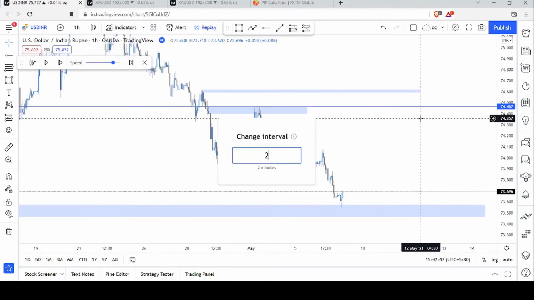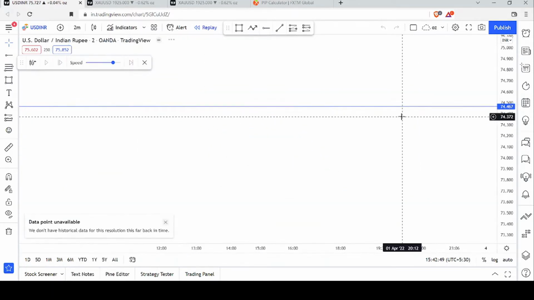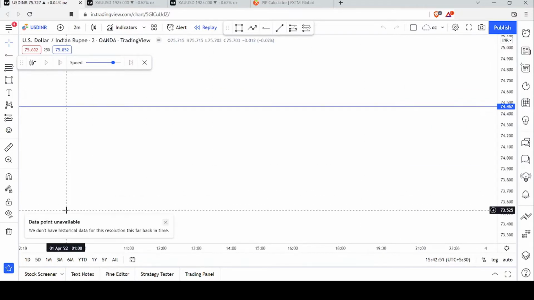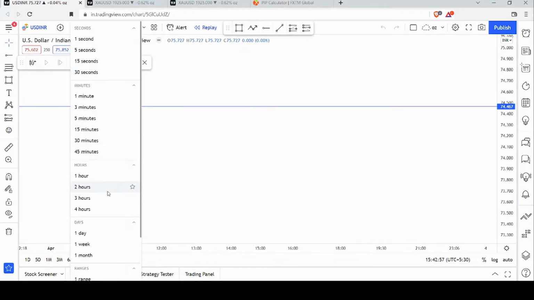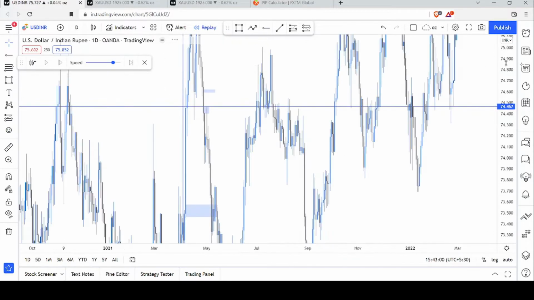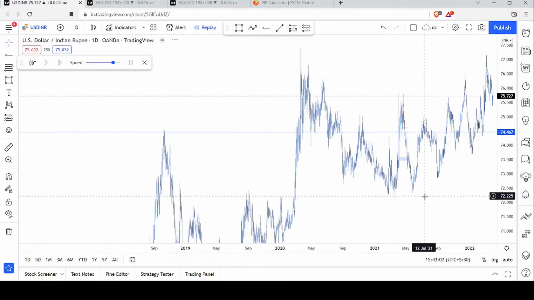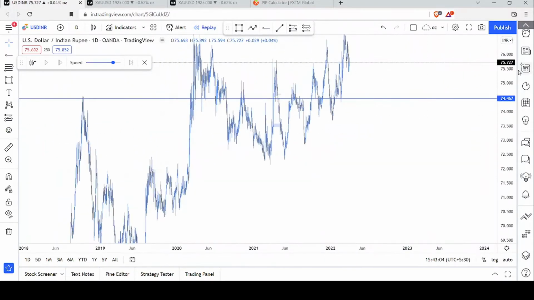We don't have 2 minutes. Data point not available. This is what I was talking about. So where was it that we were involving ourselves?